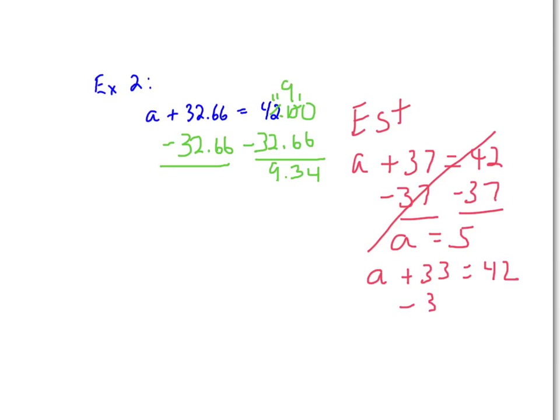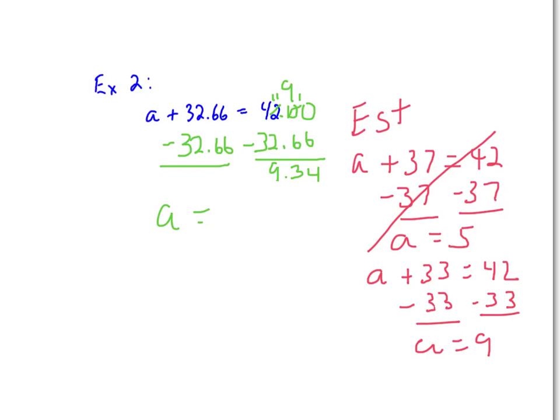So I'm going to subtract 33, and I will get that a should have actually equaled 9. That should have been my estimate. Sometimes your actual answer makes you question your estimate, so that can happen. So that just happened to me.